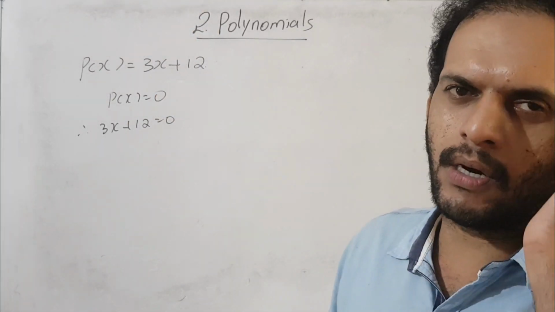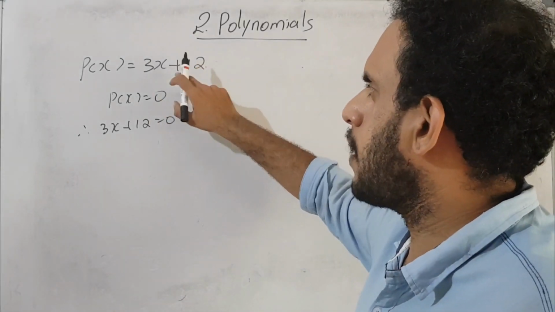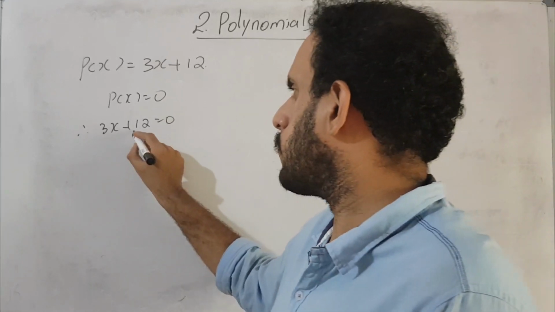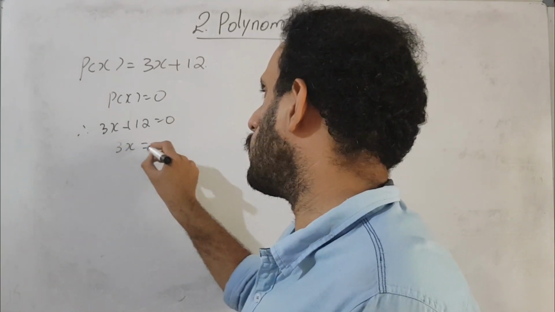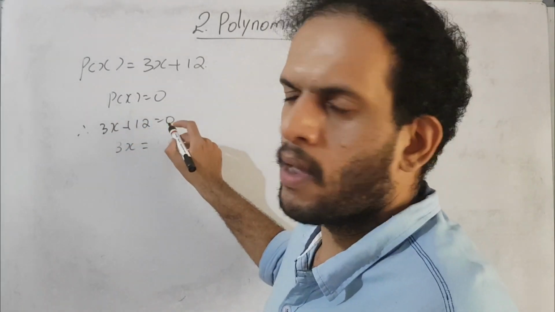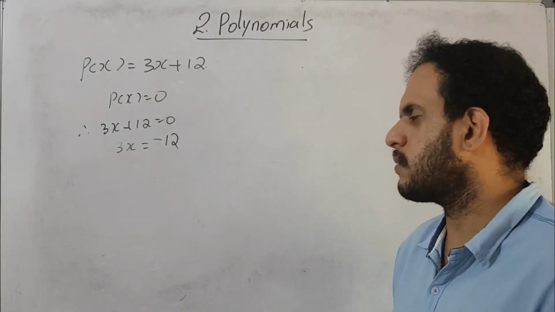Correct? 3x plus 12 is equal to 0. Then we transpose one by one, first we transpose 12. Then what is remaining? 3x. 3x is equal to minus 12. 0 minus 12 is minus 12. Correct? 3x is equal to minus 12.